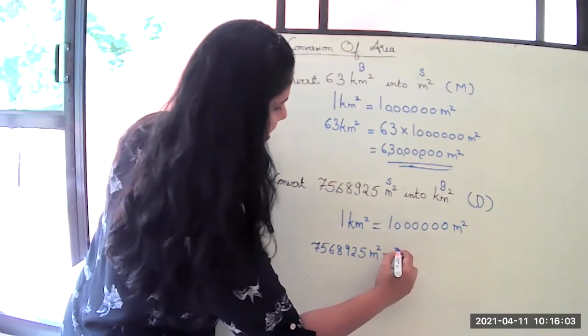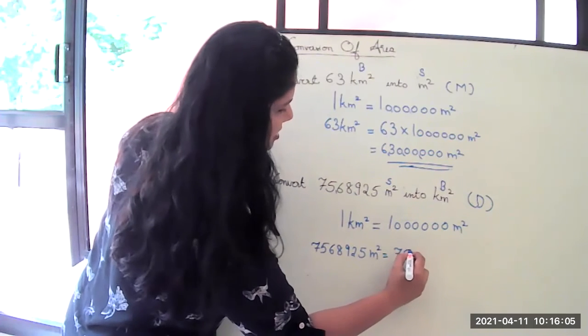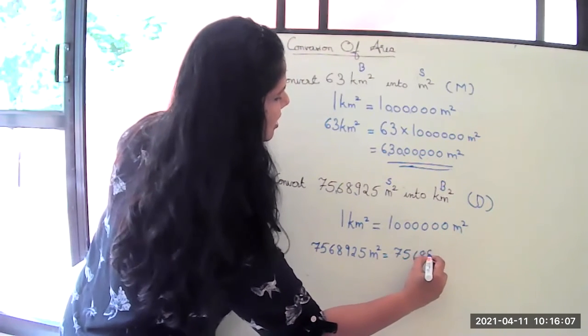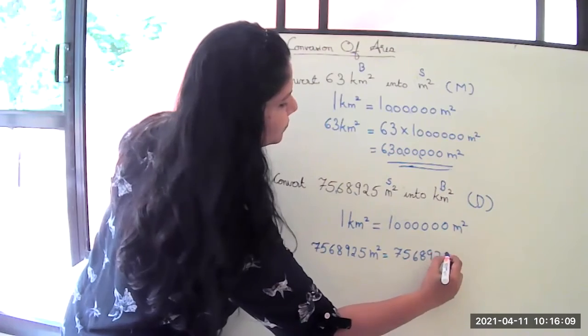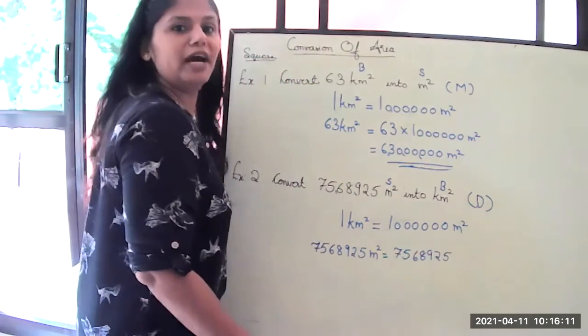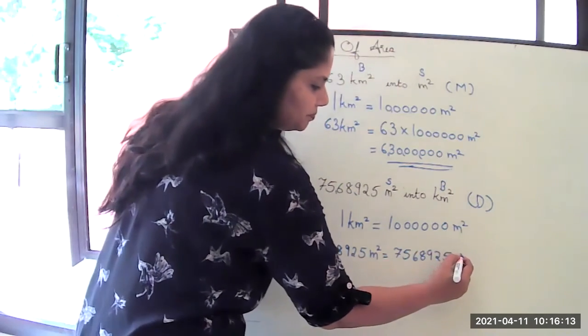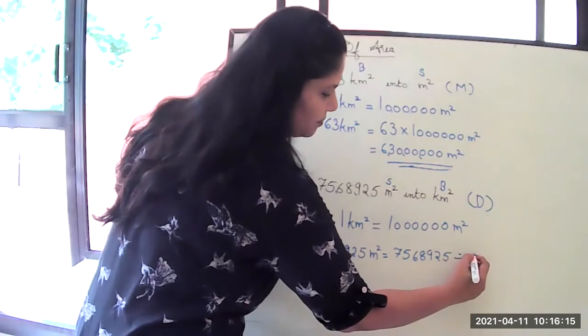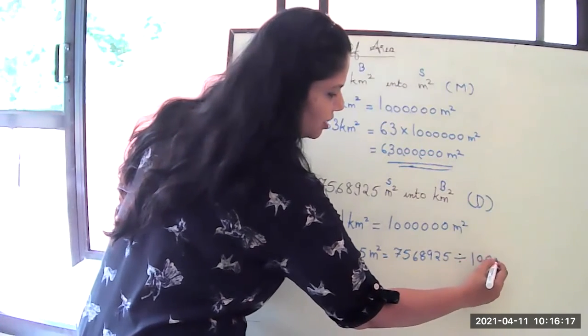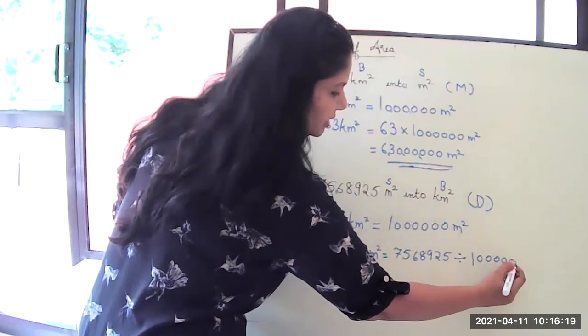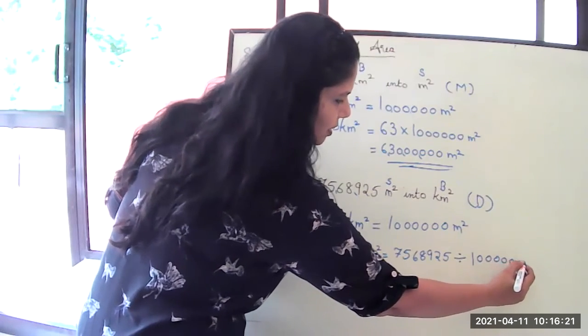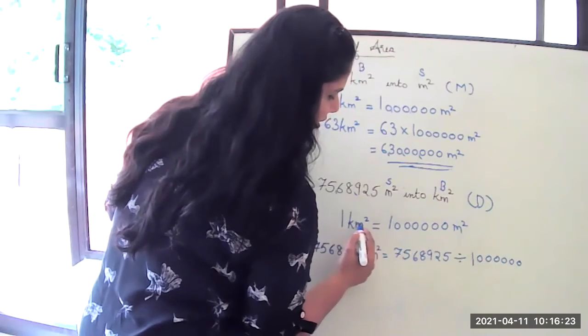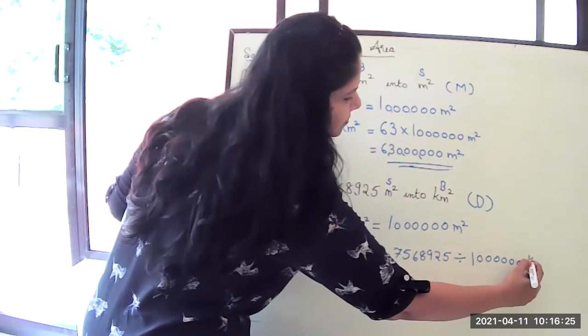That is again I am writing it as it is. What we have to do? We have to divide. Divided by 1 and 6 zeros, or 10 lakh, and the unit should be kilometer square.